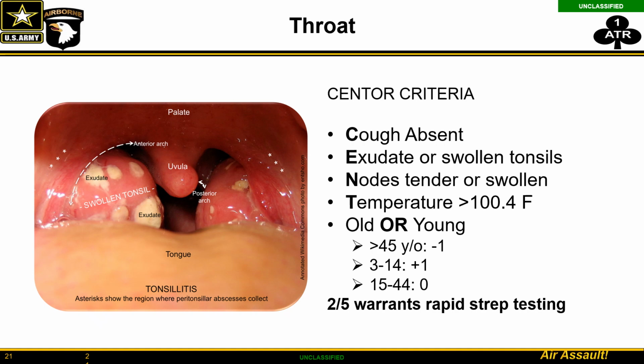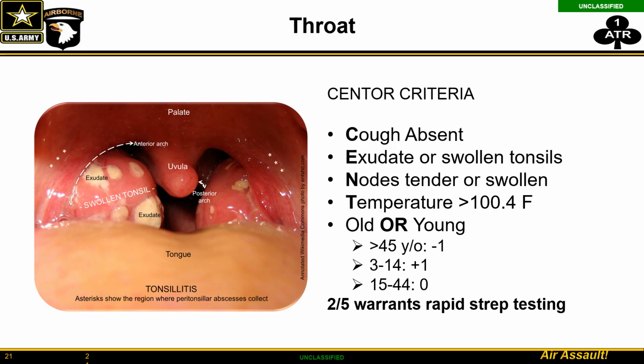Exudate or swollen tonsils. Nodes: you're going to press on their cervical lymph nodes, the anterior cervical lymph nodes specifically, and see if they're tender or swollen, if you can actually feel their lymph nodes. Temperature: over 100.4, but you do have to take into account if they may have taken a medication that would be hiding their temperature. And then old or young.